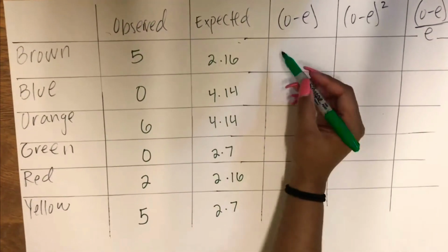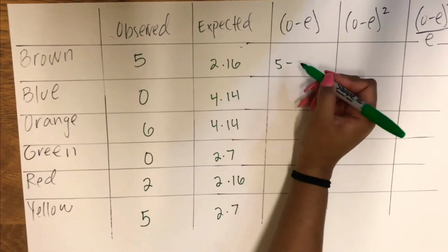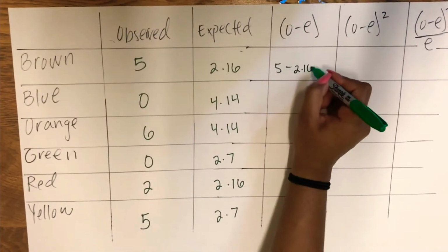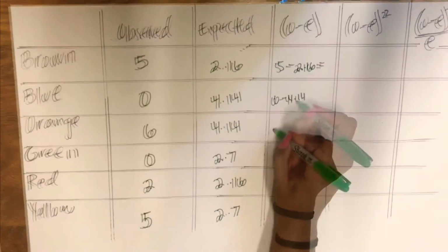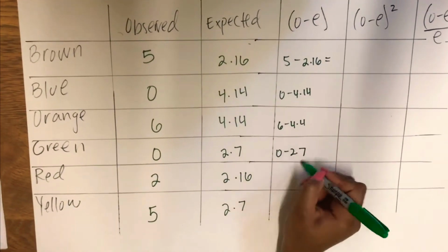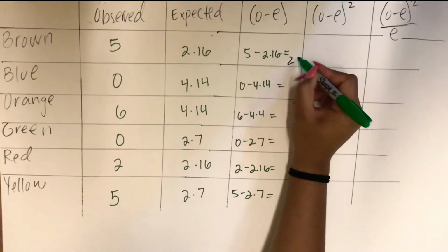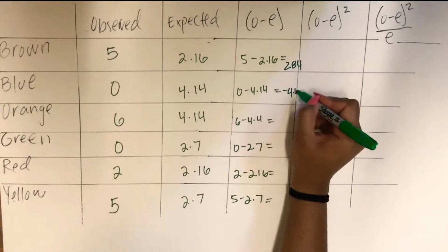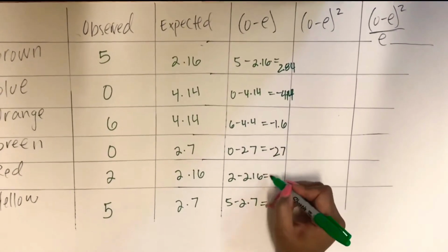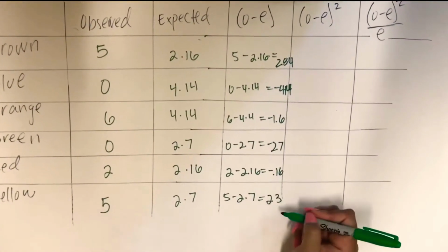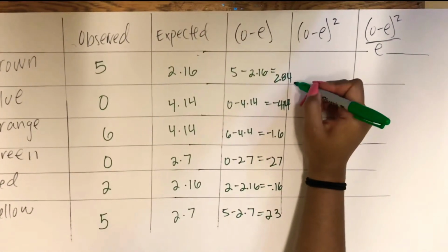So then you want to get your observed, which is 5, and you subtract the expected, 2.16 from it. And you want to do that for each one. After you have your answers, you want to square it.